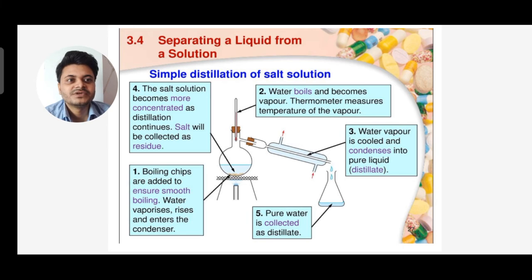Next, the water vapor is cooled and condensed into a pure liquid, that is distillate. Fourth, the salt solution becomes more concentrated as distillation continues, so salt is collected as residue. Fifth, pure water is collected as distillate. This is how simple distillation of salt solution is done.